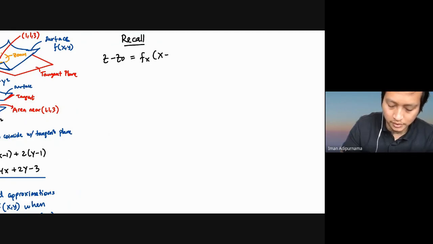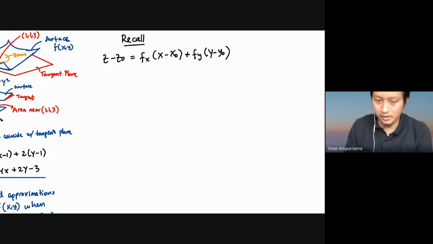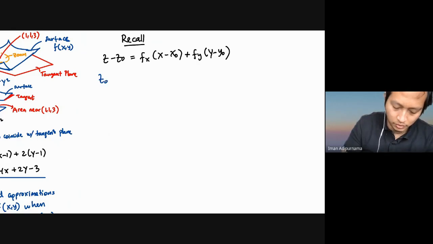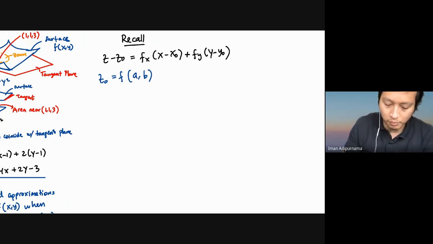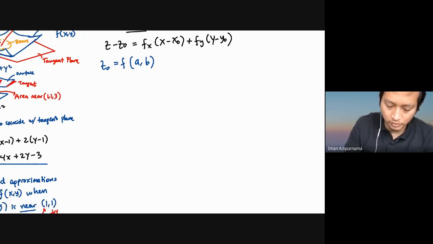So recall this equation of the plane. This is the tangent plane, and if our point is (a, b), we have another point z0. Or you can go for x0, y0, that's fine. It's the same meaning.